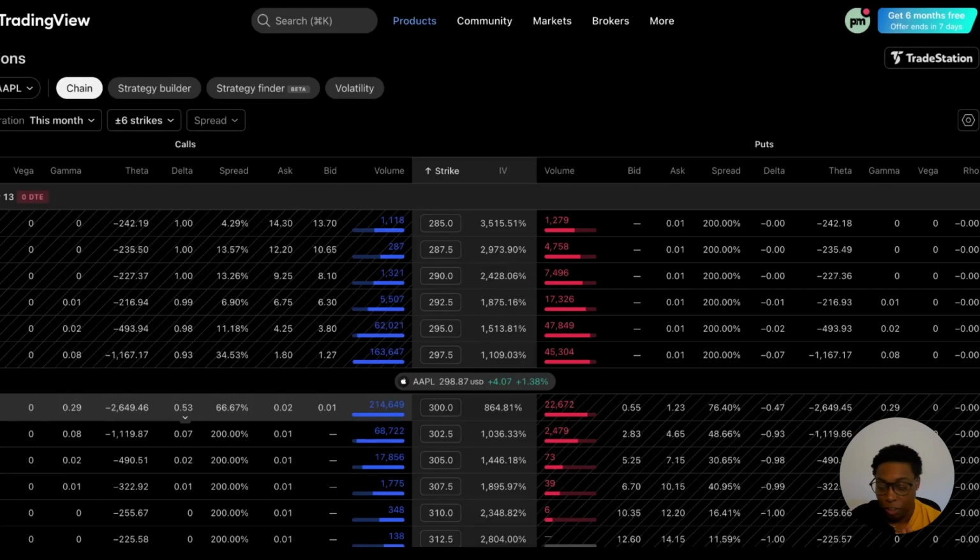The gamma lets you know how much in value that delta will change for every $1 move that the stock makes. So if you've ever been in a trade and said, okay, I estimated I'm going to make about $50 for every $1 move that I catch, and let's just say you catch a $2 move. For that first dollar, let's say the gamma was 5 cents, you got $50 in profit. Hypothetically, it's not always exact.